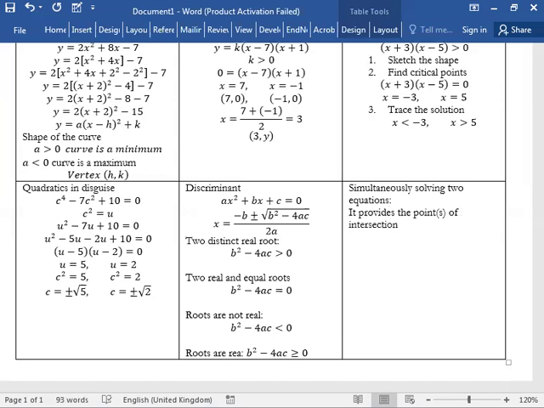Right. So I would say while solving, that's the right word.